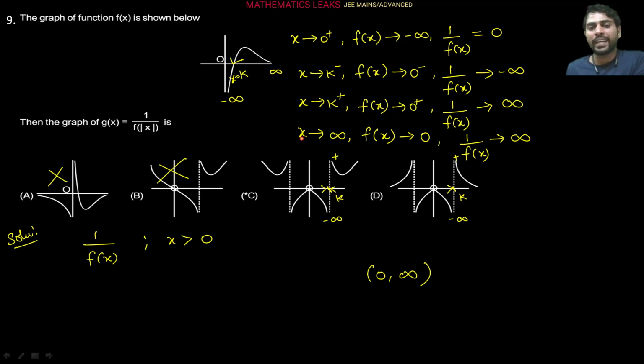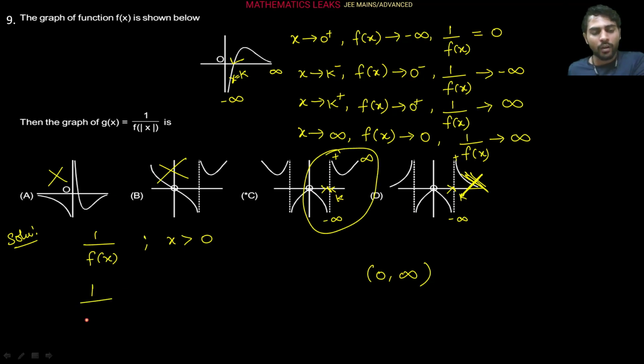And now when x is approaching infinity, f of x is tending towards 0. So 1 upon f of x is tending towards infinity. But this graph is showing it tending towards 0. So it is not correct. It is absolutely wrong. Correct? And in the other graph, when x is approaching infinity, you can see 1 upon f of x is tending towards infinity. This is correct here. So in the 0 to infinity region, we find that this part of these four options is correct.